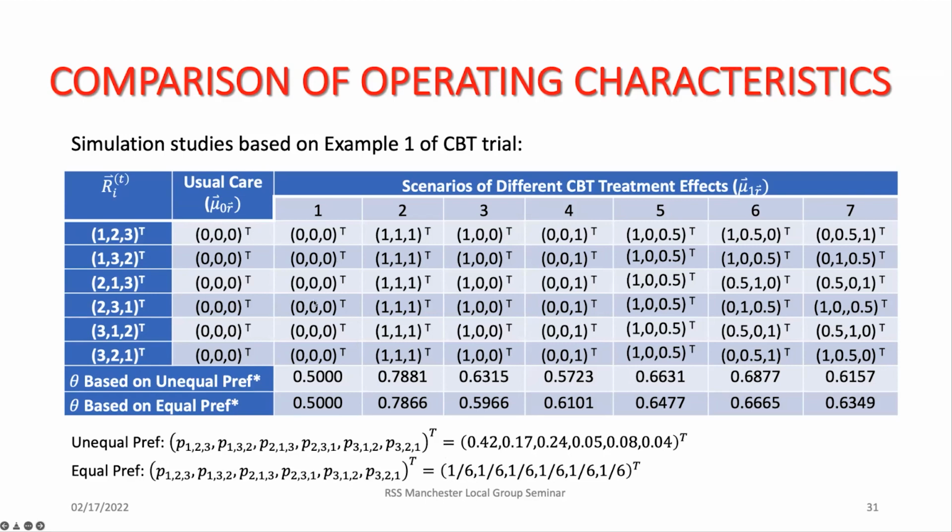The first scenario is the null hypothesis, right? There's no difference. So theoretically, the winning probability is 0.05, regardless of what the preference would be. The second case is all the variables increasing by 1 dimension. In that case, unequal preference and equal preference should be very similar because it should uniformly improve.